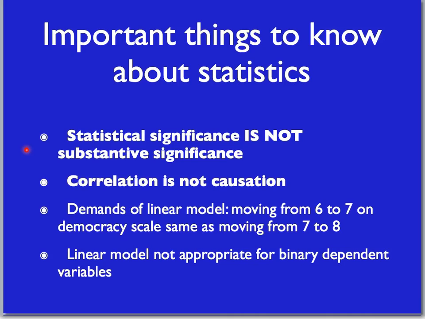In order to get a 1-point increase in the democracy scale, you just multiply some independent variable by its coefficient. You change the independent variable enough, you get a 1-point increase in the democracy scale. But who says a 1-point increase in the democracy scale is anything meaningful?